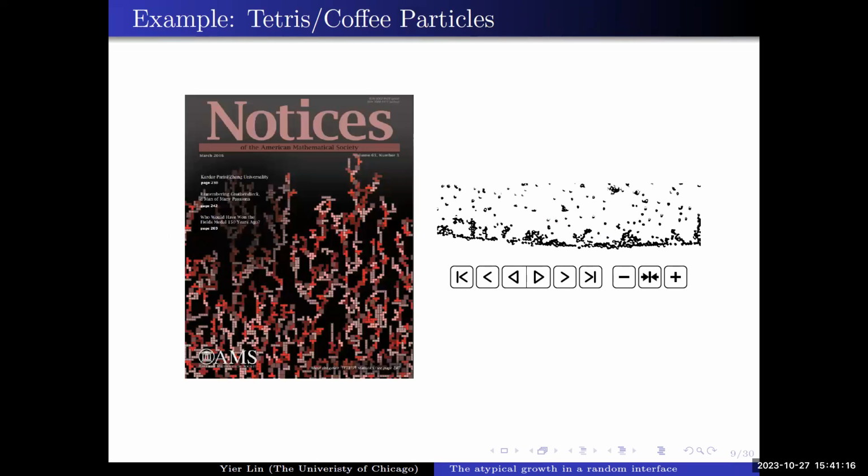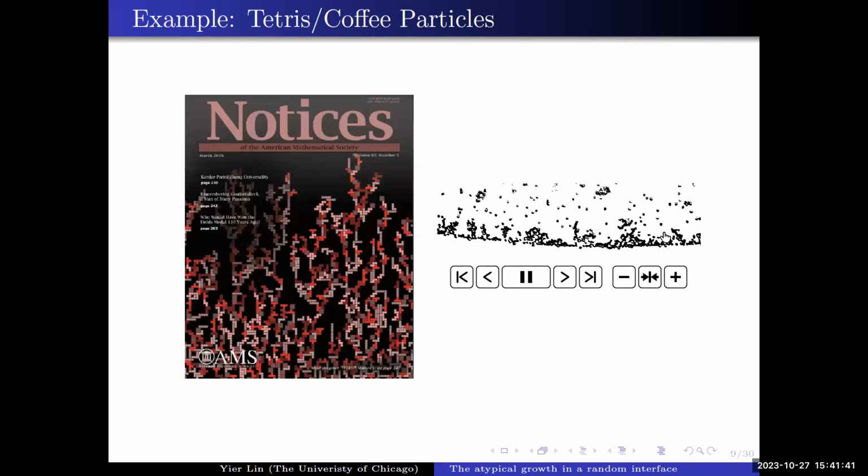Another example is Tetris. When you play Tetris, you can think of the height function as growing at the top location, so it's a growing interface. And this is not just something from the game, but something you can observe in physics.